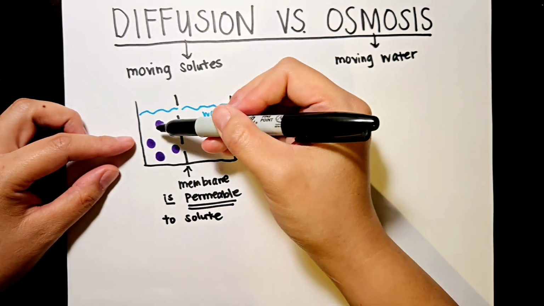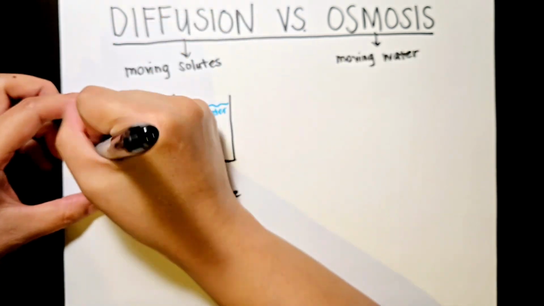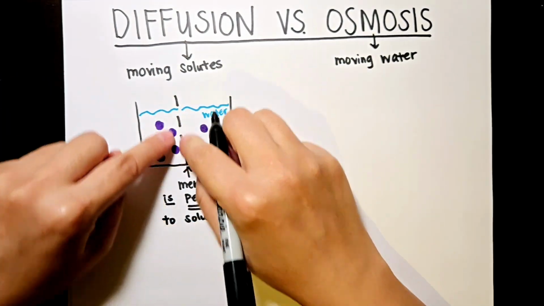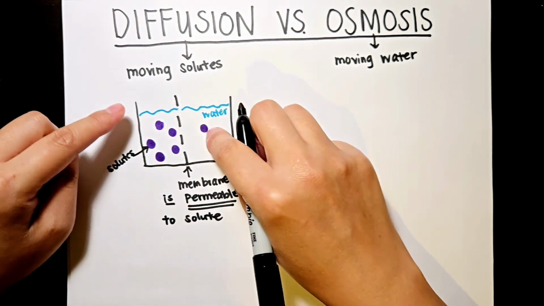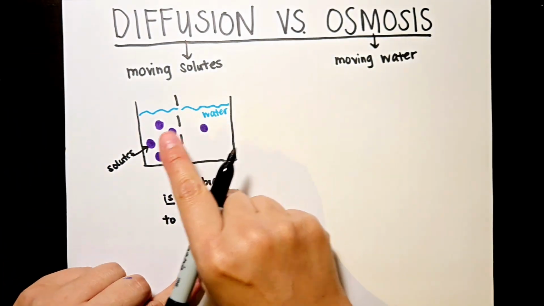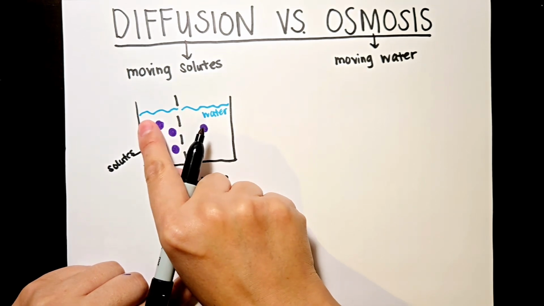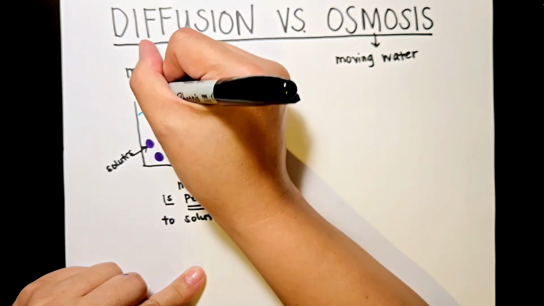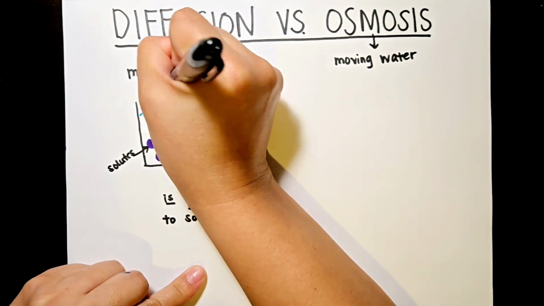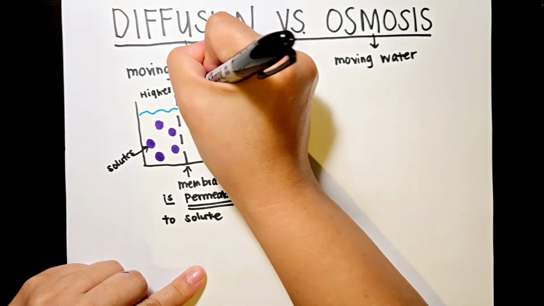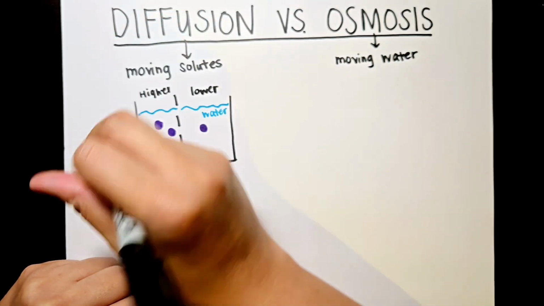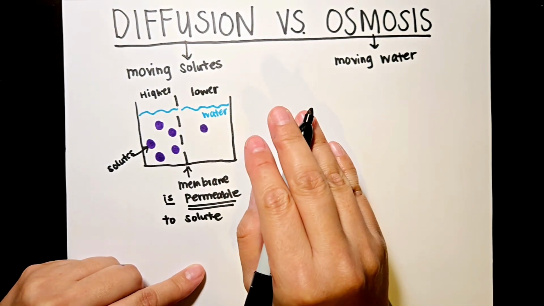When the solute, which is these purple circles here, is permeable to the membrane that separates two sides of the water solution, those solutes will just go from an area of higher concentration to an area of lower concentration. It is just the law of diffusion.